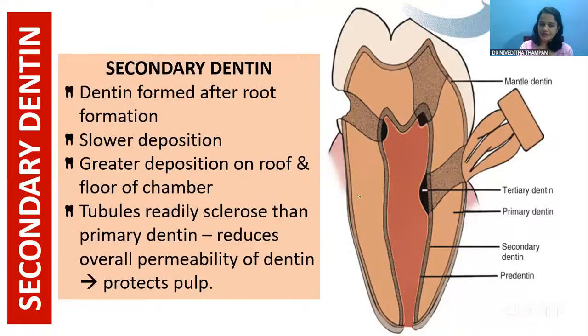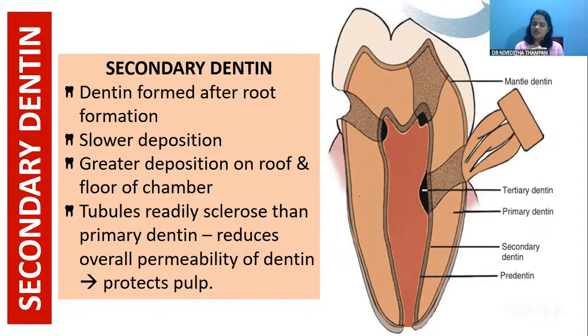Now, secondary dentin. Secondary dentin is the dentin that is formed after root formation. Compared to the primary, the deposition will be somewhat slower, and lots of deposition will happen in the roof and in the floor of the pulp chamber also. The secondary dentin, when compared to the primary, will readily sclerose.